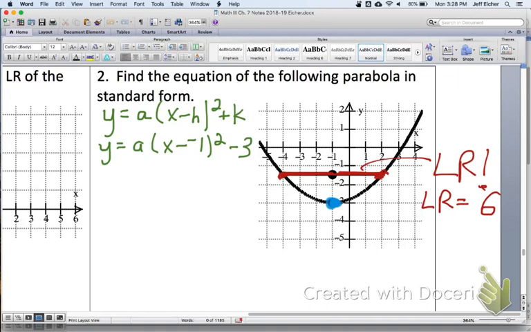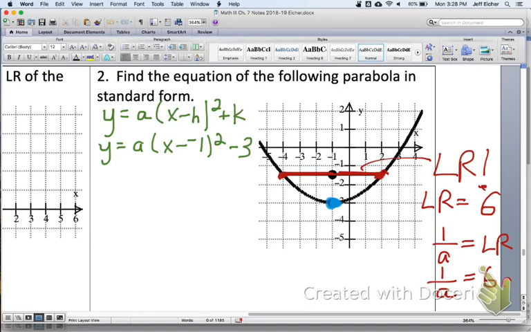Remember what we said before, the LR is the reciprocal, so 1 over A equals the LR length. So if the LR length is 6, we need the reciprocal of something to get 6, so the A must be 1/6.